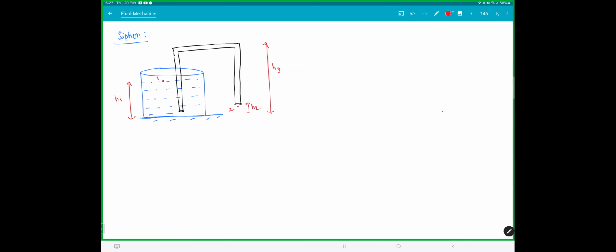So here H1 is the height of the liquid surface in the container, from the reference. H2 is the height of the opening. H3 is the maximum height of the siphon.